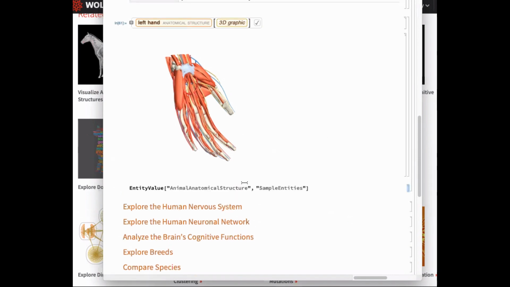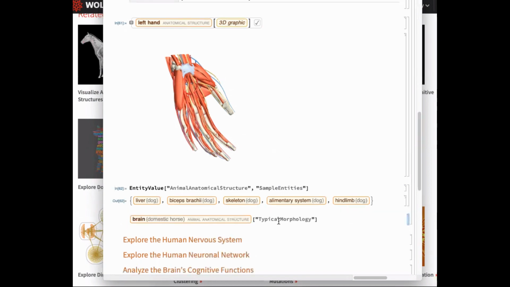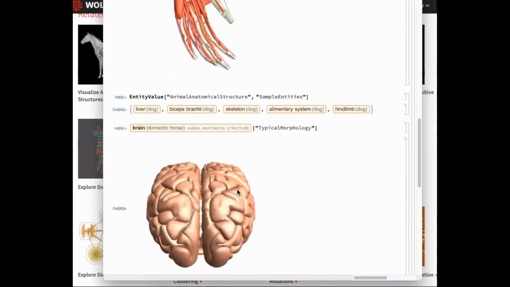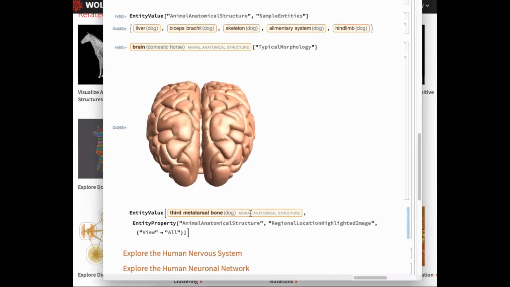So here are some sample entities. We have dog, liver, muscle, and skeleton here. And like anatomy data for humans, various image and graphics properties are available. For instance, get the typical morphology of the horse brain, or get the image of the dog's toe bones viewed from different perspectives.